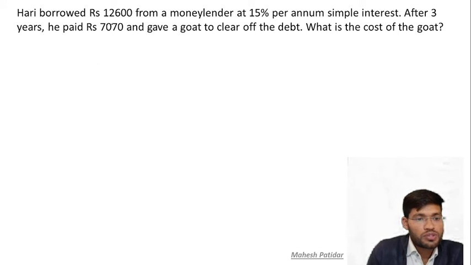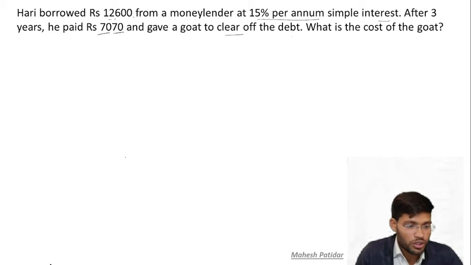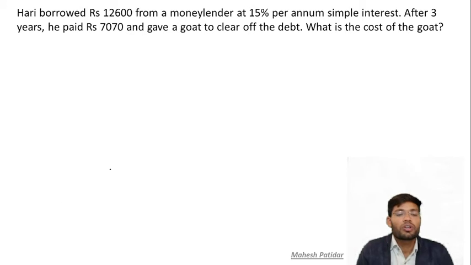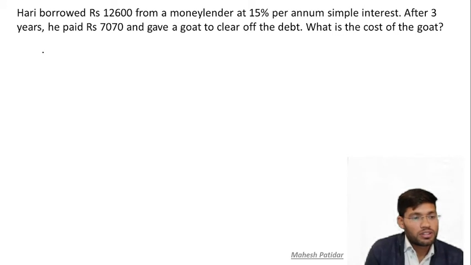Hari borrowed rupees 12,600 from a money lender at the rate 15% per annum simple interest. After 3 years he paid rupees 7070 and gave a goat to clear off the debt. What is the cost of the goat? What does the question want to say to us?